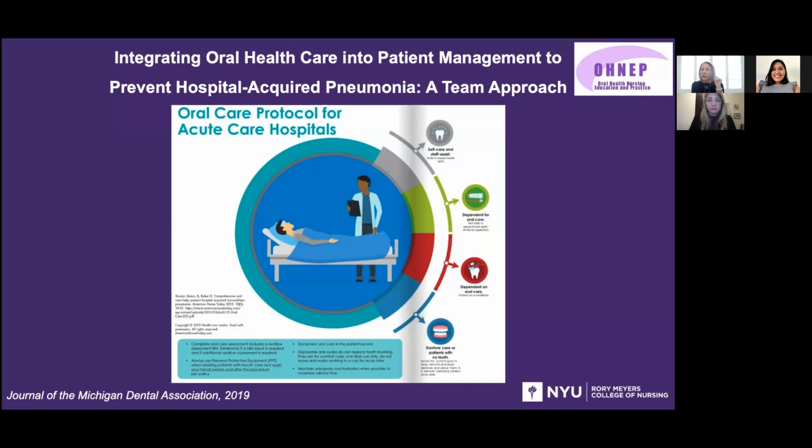So one of the elements, and it sounds like a simple but very pragmatic element, is that in order to implement this protocol, the VA, like any hospital or healthcare system, long-term care facility, had to ensure the availability of oral care supplies for patients in a logistical supply chain kind of way.